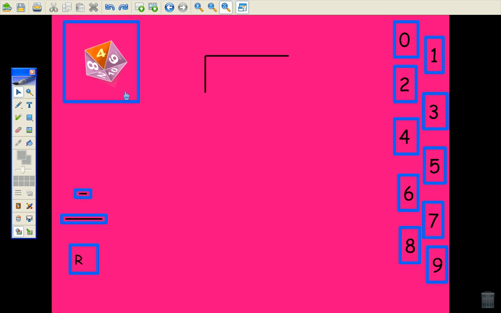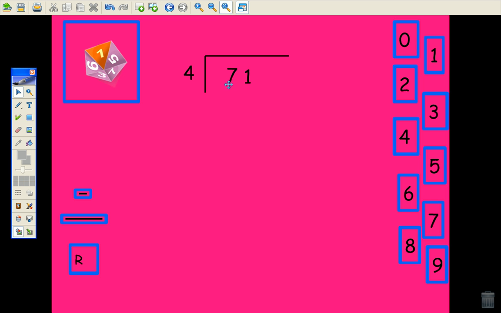So I'm just going to spin my little thing. We're going to have a 4 in our divisor. This is the number that's going into our group. We've got a 7, and I'm going to make it 2 digits. So we are trying to divide 71 of something into 4 groups, and we're going to see how many is going to be in each group.